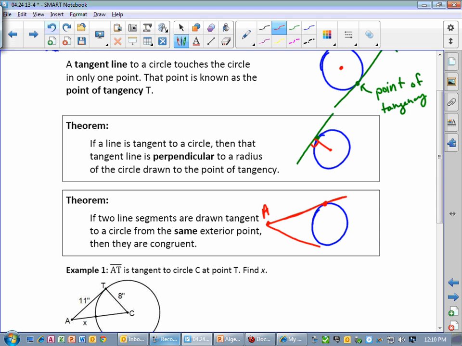Down here, that's tangent. Okay, kind of messed that one up. On this side of it? Yeah, it should be tangent, right? If I call this point B and this point C, this theorem says that those segments must be congruent. So in other words, segment AB is congruent to segment AC, which means that the length of AB is equal to the length of AC.